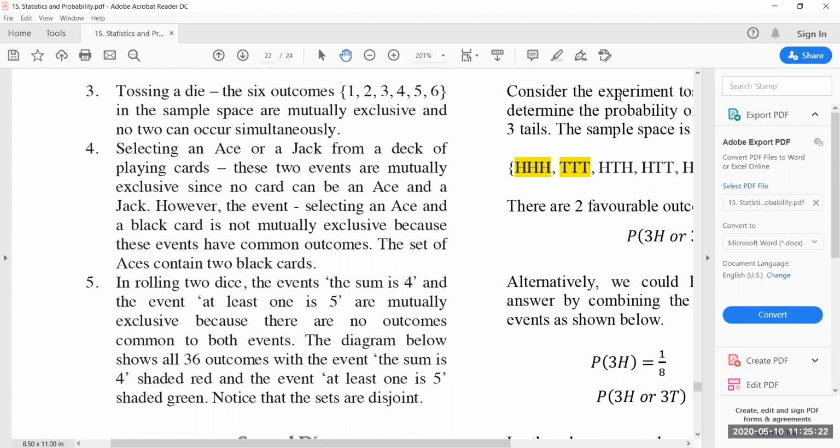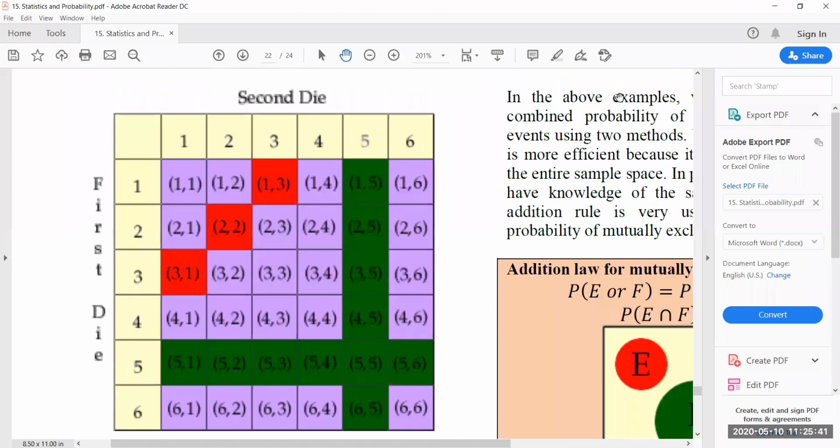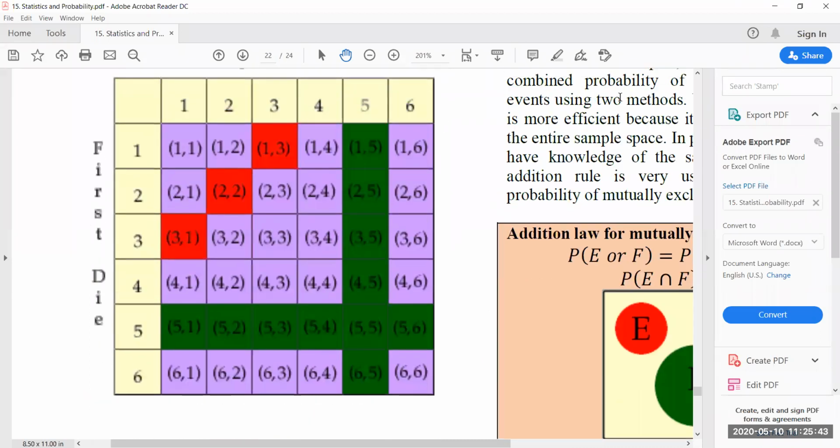The diagram shows the 36 outcomes, with the event the sum is 4 shaded in red and the event at least 1 is 5 shaded in green. I want you all to notice how disjointed the sets are. There is nothing really common in them.